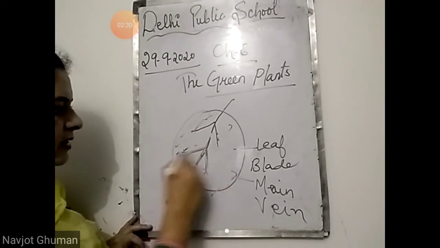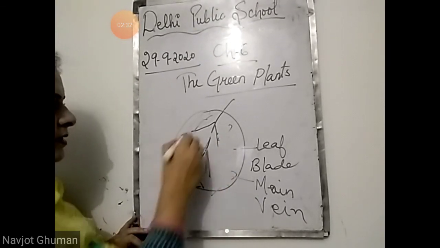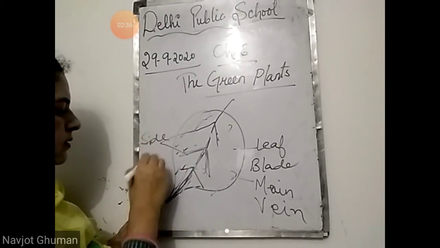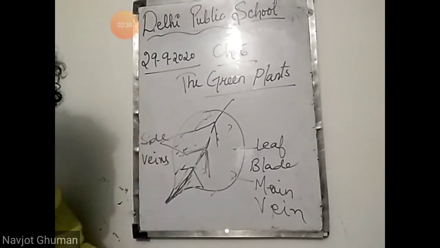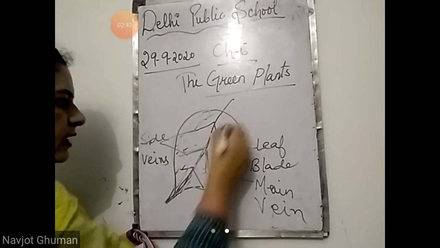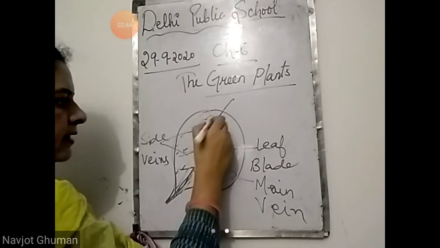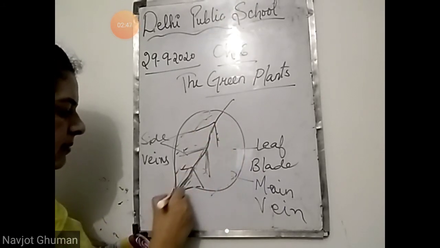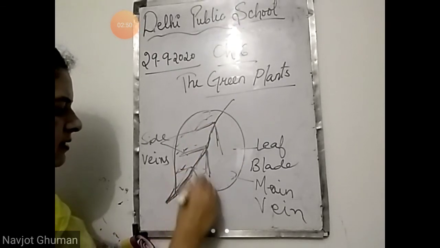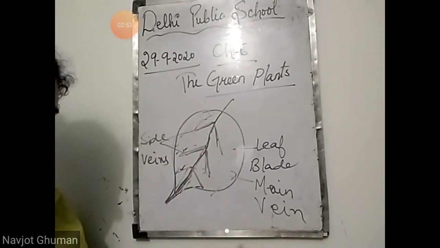These are the side veins. These are the main parts of a leaf. The flat part of the leaf is called leaf blade. The central vein is called the main vein, and the others are the side veins.